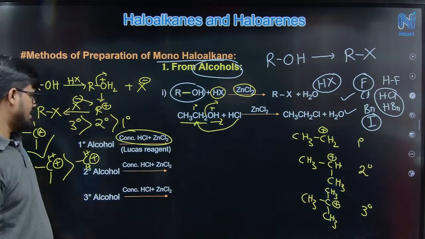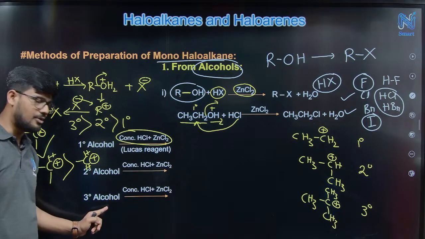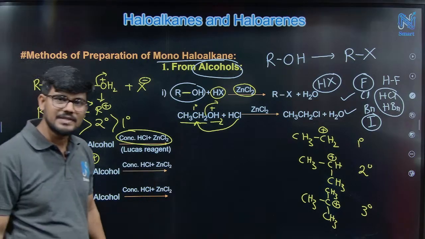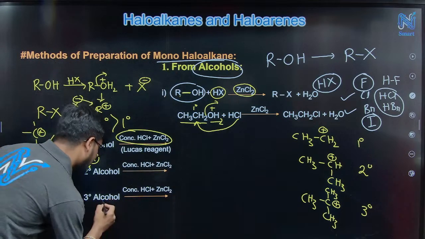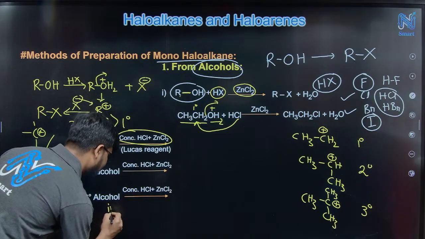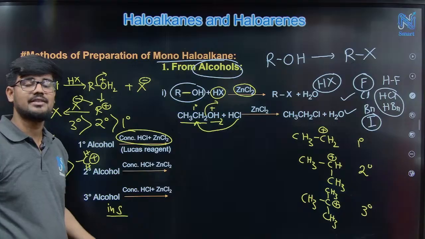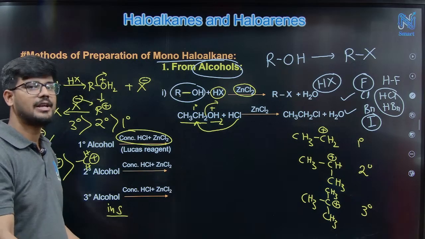So the conclusion is we have 1 degree alcohol, 2 degree alcohol, 3 degree alcohol. If we add Lucas reagent, a very fast reaction will happen in case of 3 degree alcohol, means immediately, in seconds, you will get product.